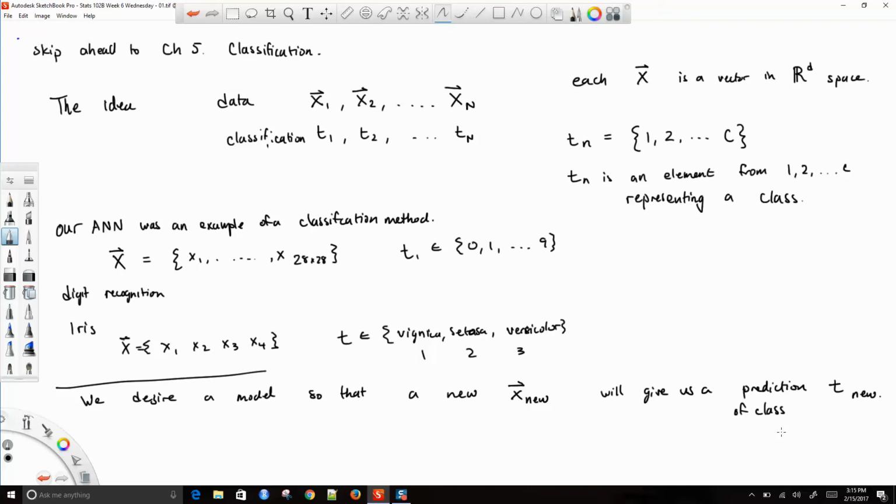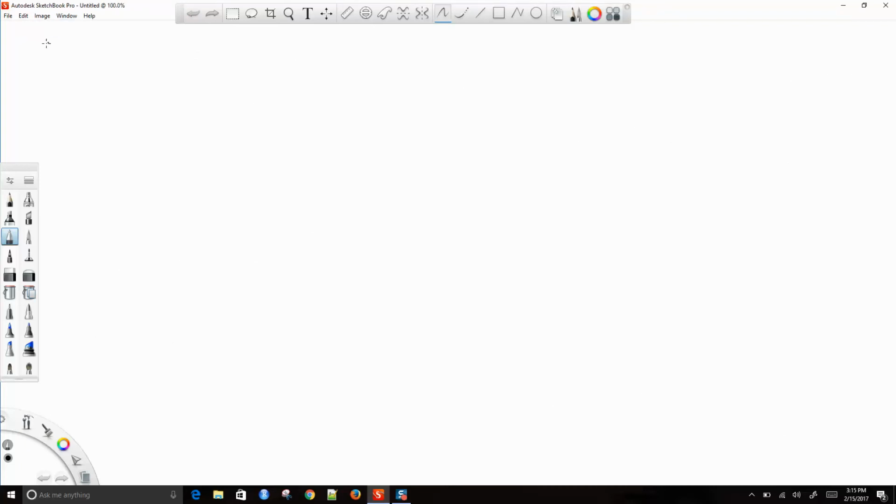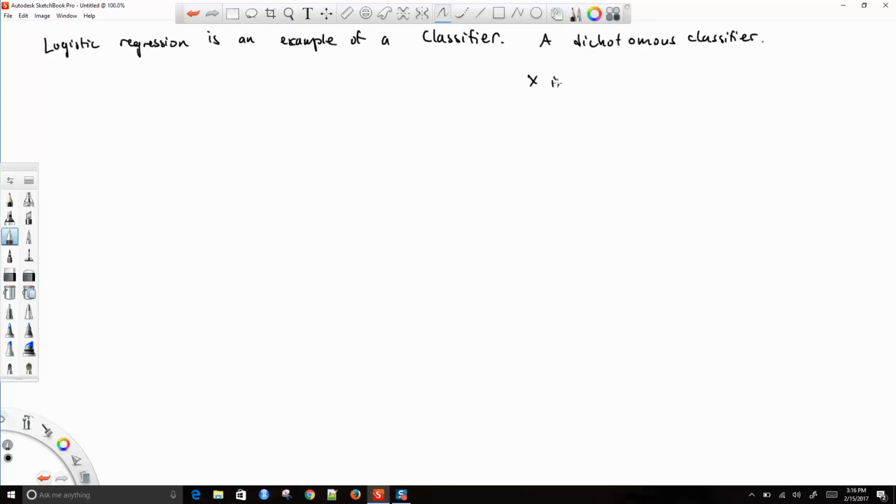So logistic regression is an example of a dichotomous classifier, and your x inputs get mapped to either 0 or 1. And this is kind of what we have here.